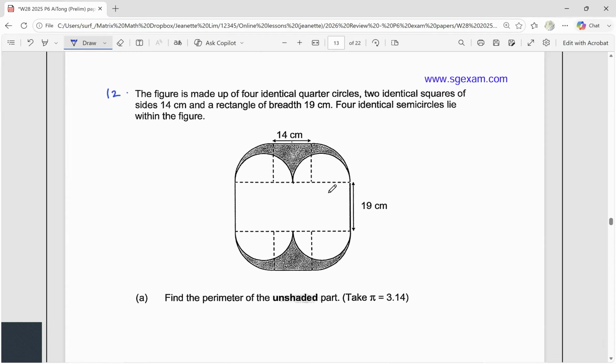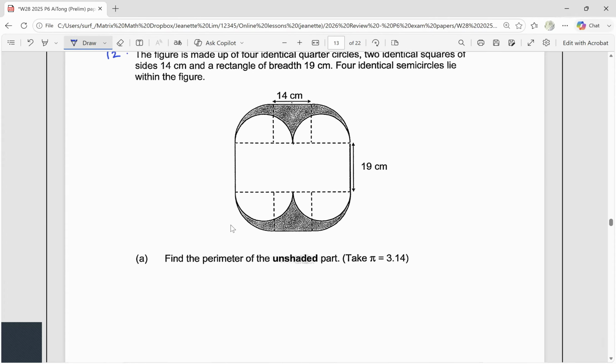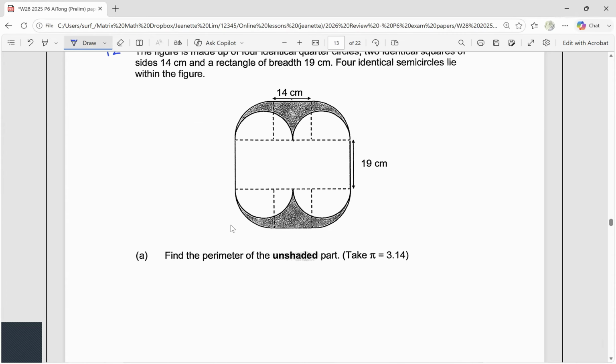So the unshaded part is made up of 1, 2, 3, 4 arcs of a semicircle plus 19, 19. Okay, so to find the arc of a semicircle, you need the diameter. Firstly, let's mark out all the equal sides. You have squares, right? So this side and this side are equal.